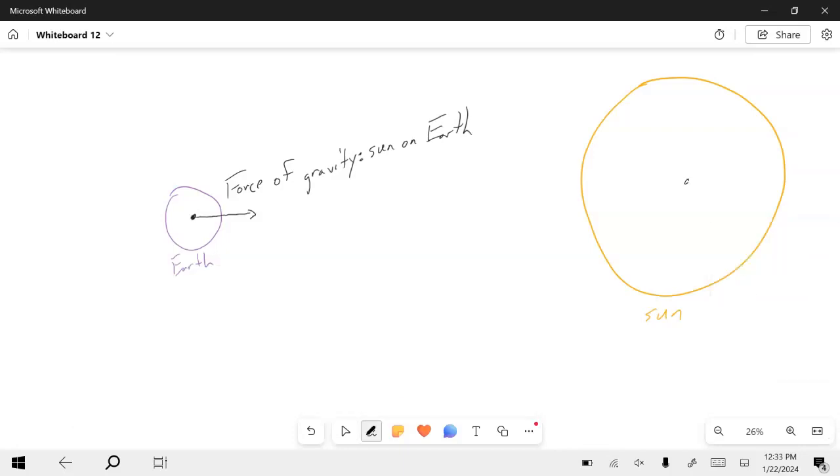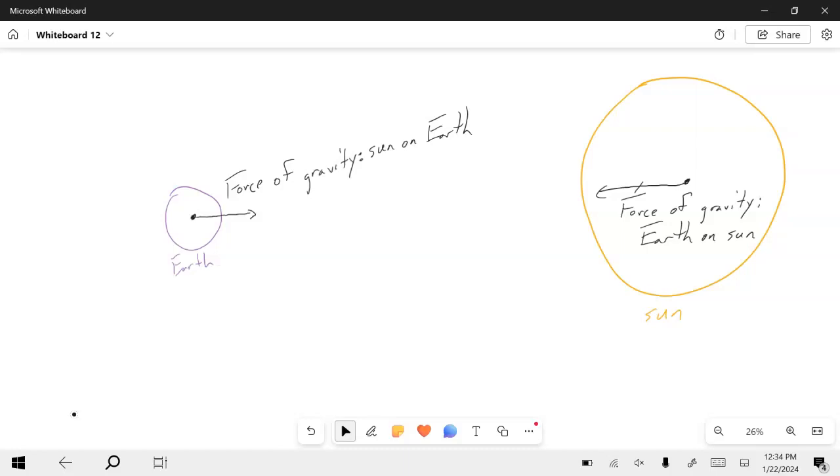Okay, now, whenever you have a force, there is going to be a partner to make a force pair. Every force has a partner. And so this is the force of gravity where it's the earth on the sun.